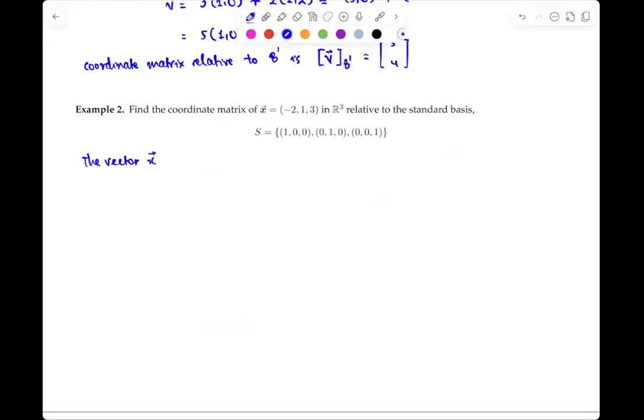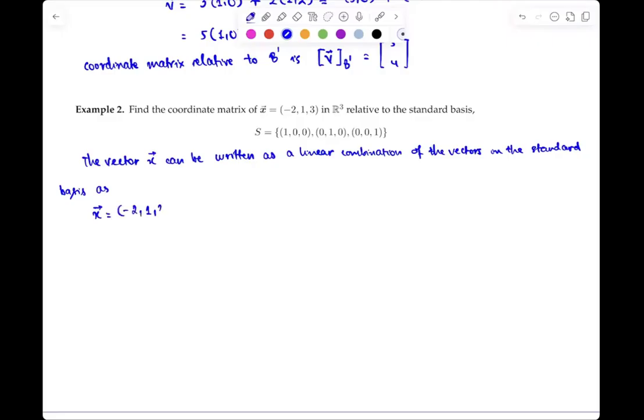So the vector x can be written as a linear combination of the vectors in the standard basis S. So you have x equal to (-2, 1, 3).